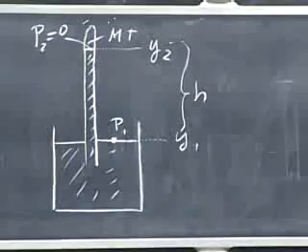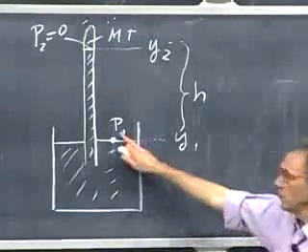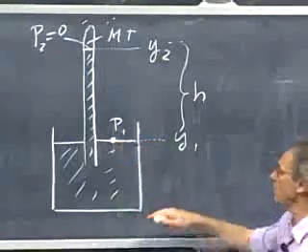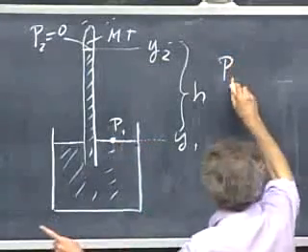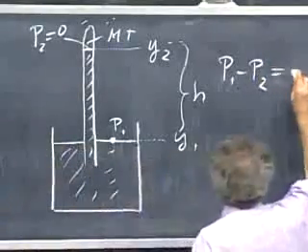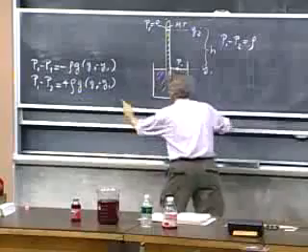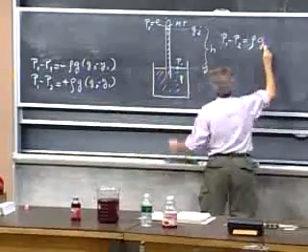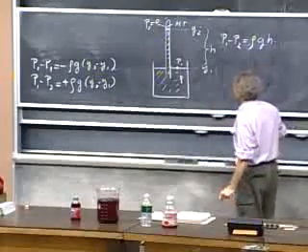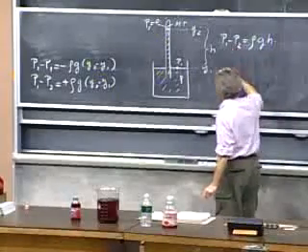And so now what is the pressure here at P1, which of course is the barometric pressure? It's just exposed to the atmosphere. Well, P1 minus P2 equals rho of the liquid times G times Y2 minus Y1, which is H. But P2 is 0.